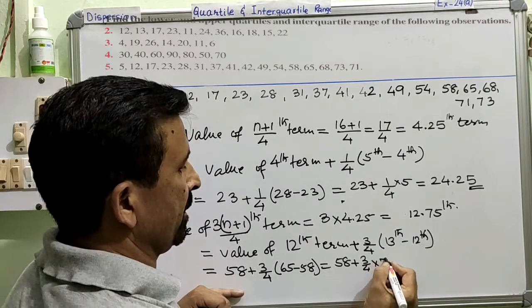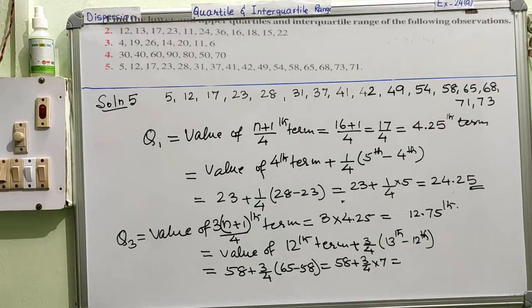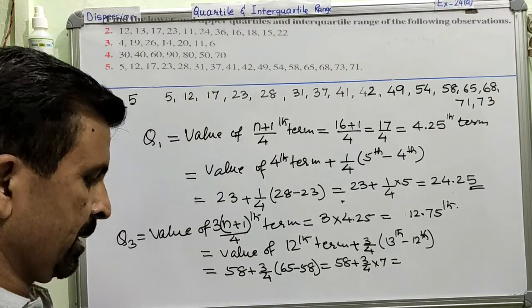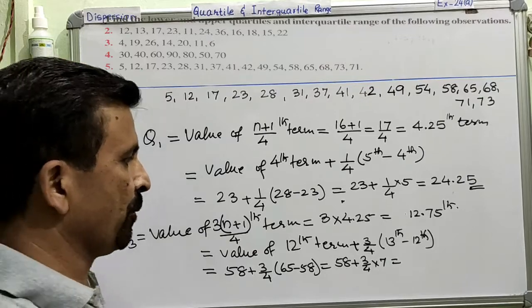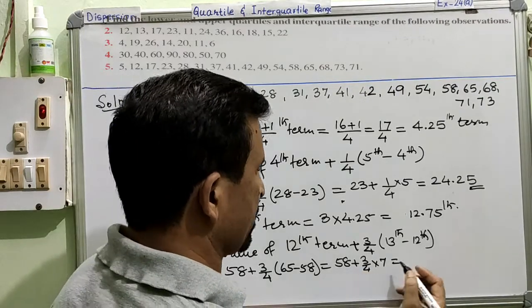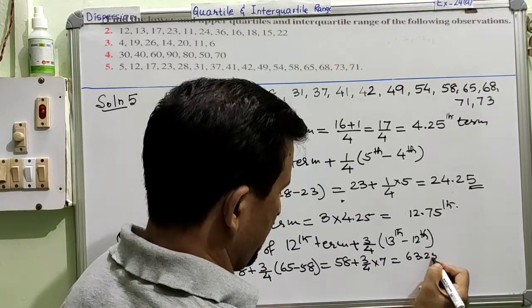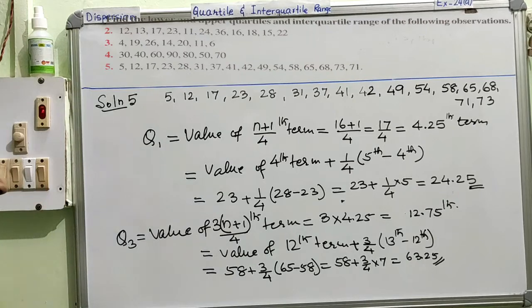This is 7. Clear? Now we need to find the value. So 7 3s are 21 divided by 4 comes as equal to 5.25 and then 58. So this becomes 63.25. This becomes your Q3.